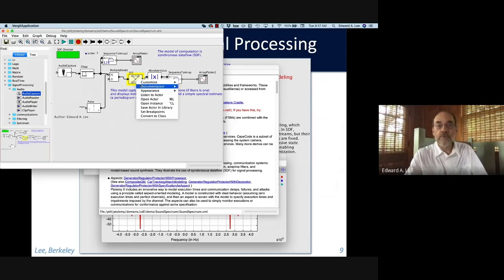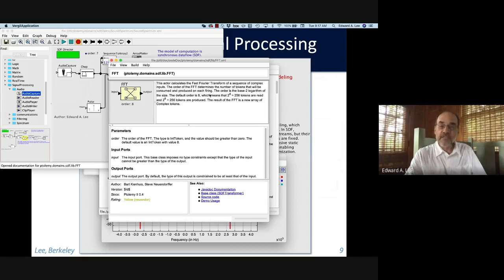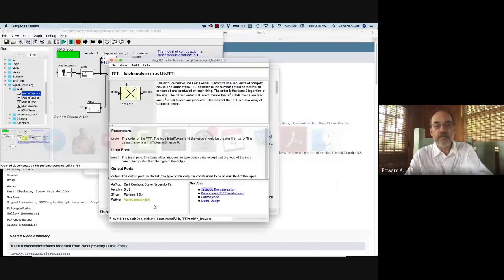If you request the documentation, you get this description of what the component does, what its parameters mean and what they are. This documentation is actually derived from the source code, as is more conventional JavaDoc documentation. So you can look at the JavaDoc documentation that's familiar to Java programmers.